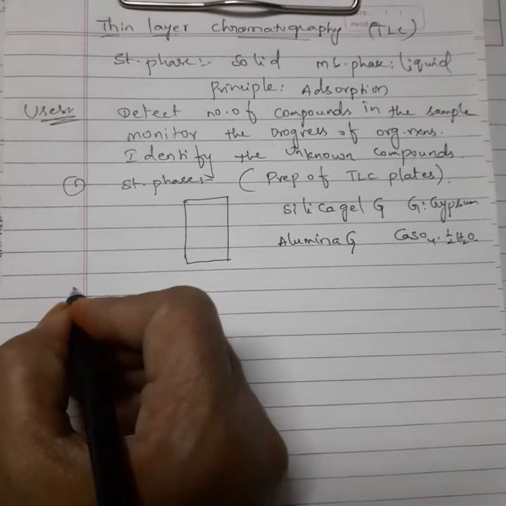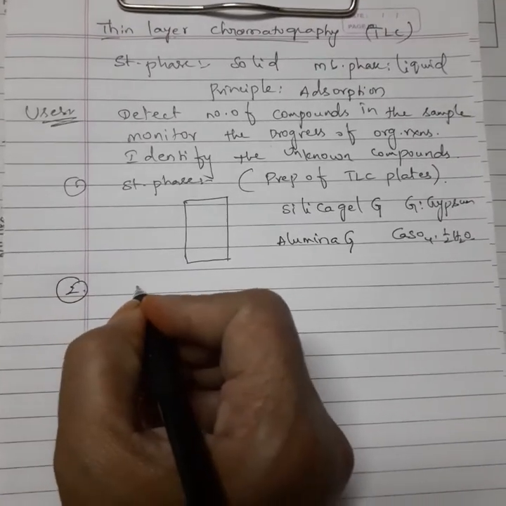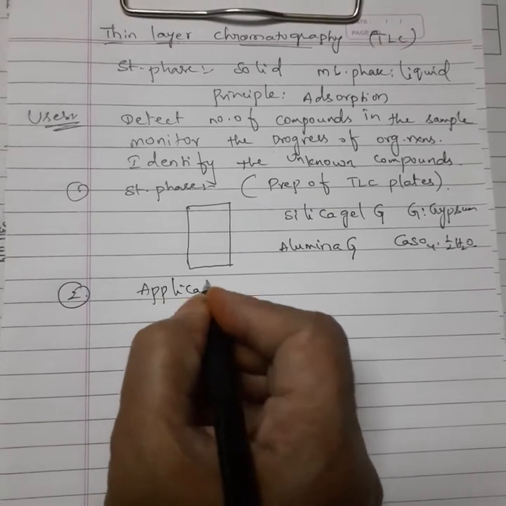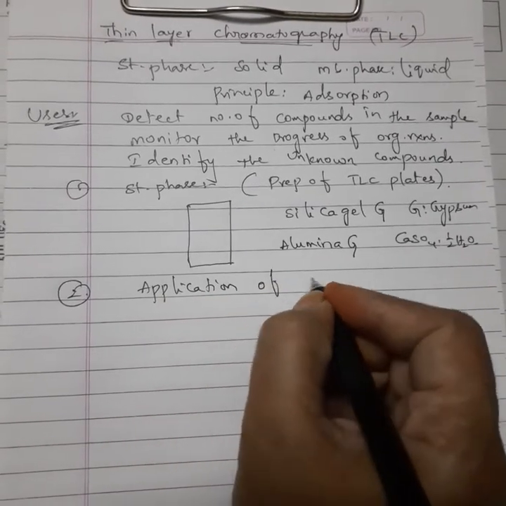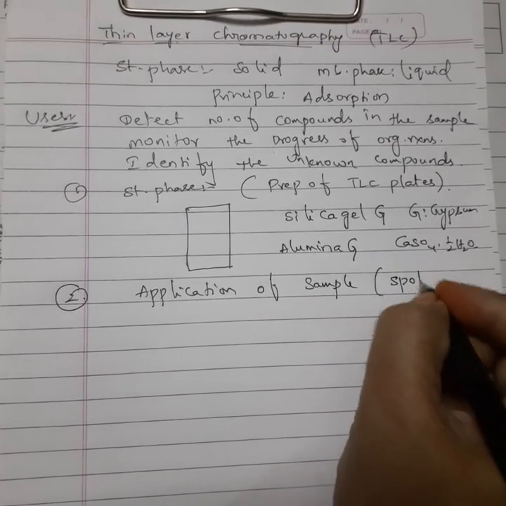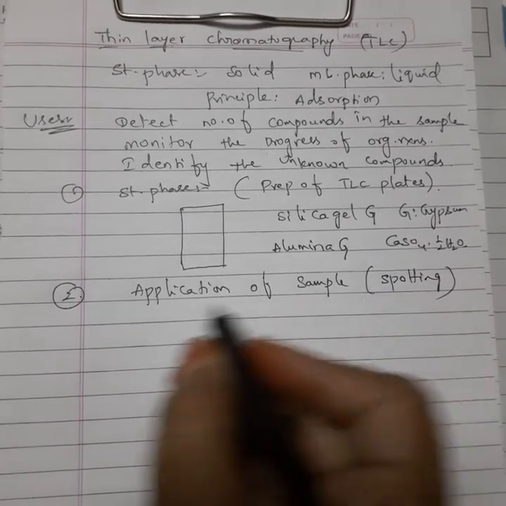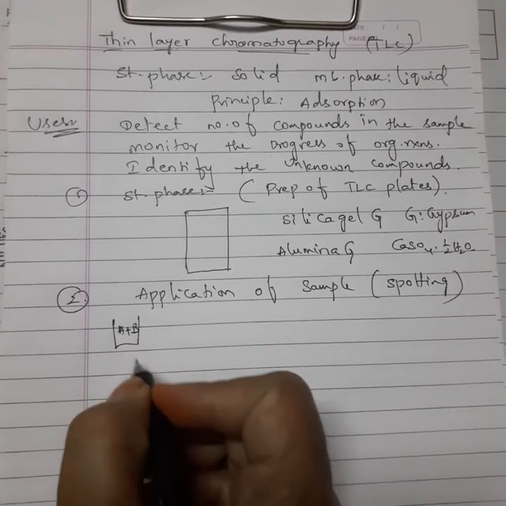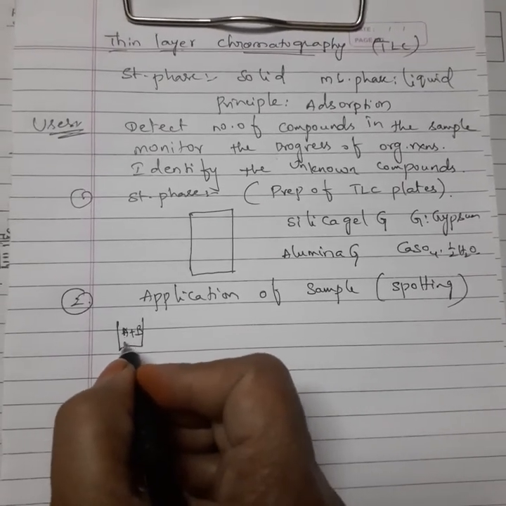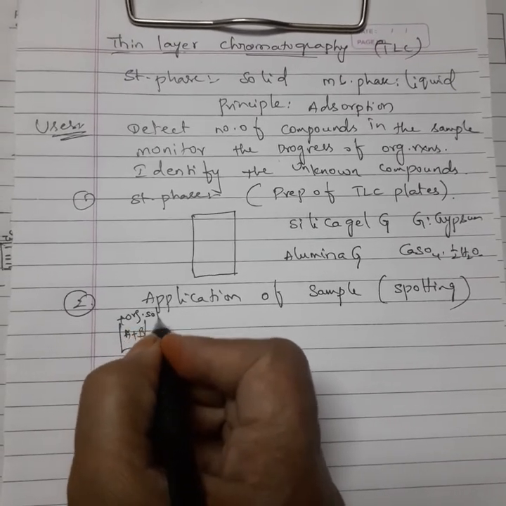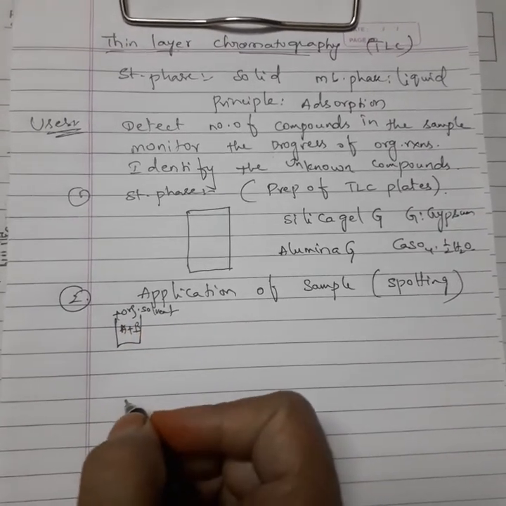And next one is, what is our next point? The next point is application of sample on this TLC plate, that we are calling spotting. Take a small beaker, take that reaction mixture A plus B, add a little amount of organic solvent, same as in column chromatography.